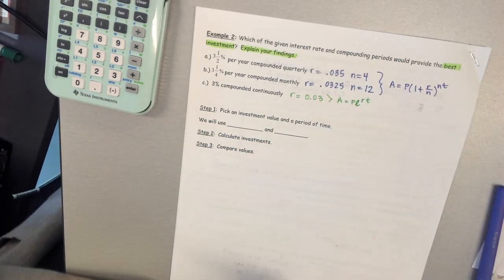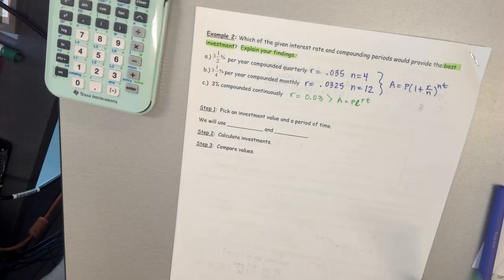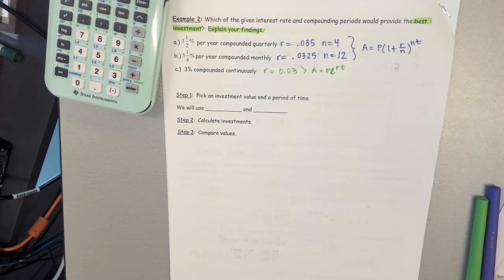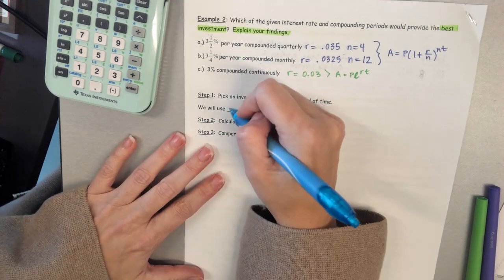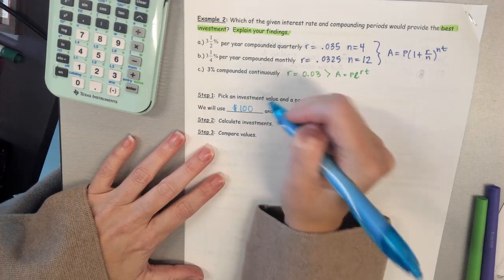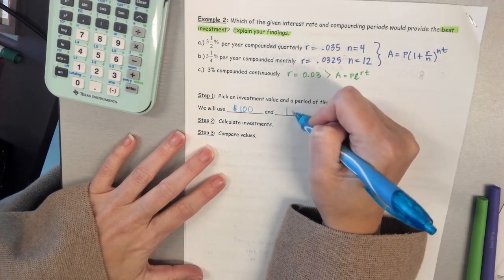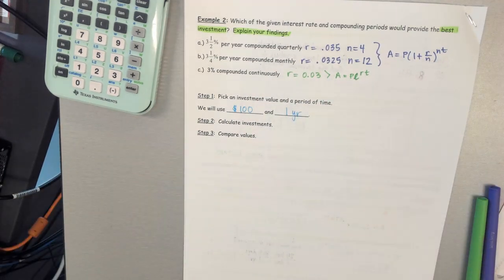You don't have the principal. It doesn't matter what the principal is. You can decide. So you pick an investment value and a period of time. I just used 100 because it's simple to calculate, and I use 1 year because that's simple to calculate. So 100 for 1 year.